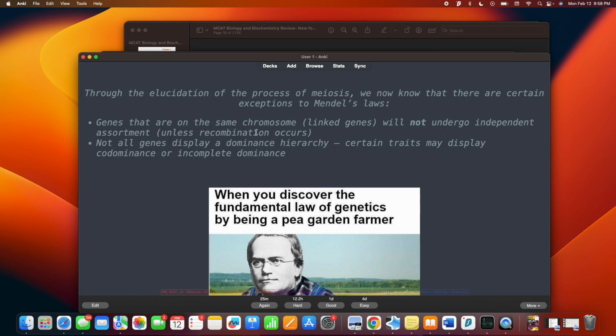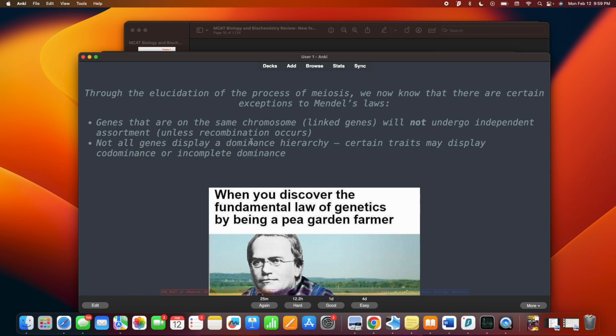So they are actually the chances of the linked genes being expressed. Is it about expression, or is this about just transferring to the next generation? It's more like the meiosis that we're talking about, right? And so linked genes will not undergo independent assortment unless recombination occurs.